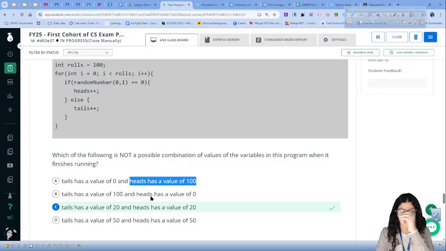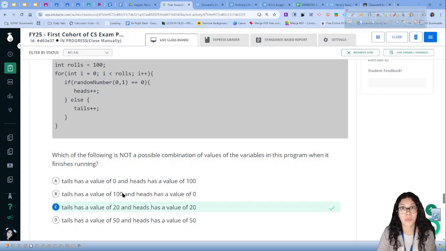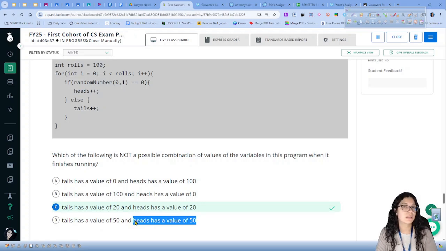In the same way, it's not probable that I would get tails all 100 times, but it is possible. And of course, getting 50-50, 50 times heads and 50 times tails, makes more probable sense. But all of these are possible.